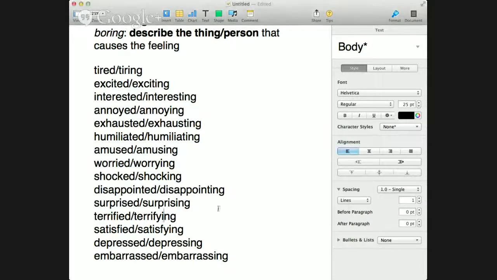Okay, Mikkel, amusing, the word that we just learnt today, which means to cause a smile or to cause somebody to think something's kind of funny. Okay, how do I pronounce amused? Can you say that again, Mikkel?